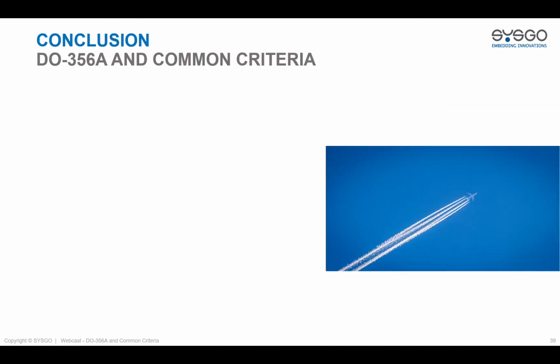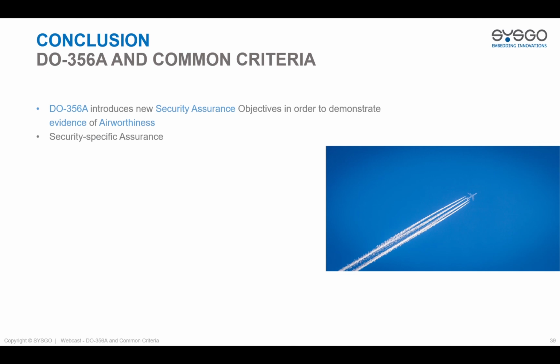Now I want to conclude my talk. The DO-356A standard introduces new security assurance objectives in order to demonstrate the evidence of airworthiness. These come by security-specific assurances. These are mostly covered by Common Criteria. Additional work needs to be done for risk assessment and refutation analysis. We also need to cover the security development assurance, which we mostly know from safety practices.